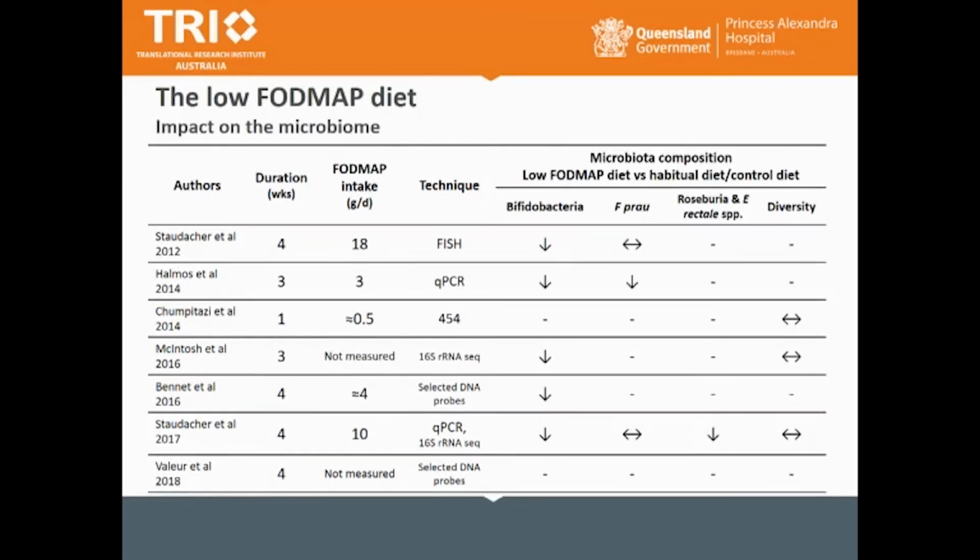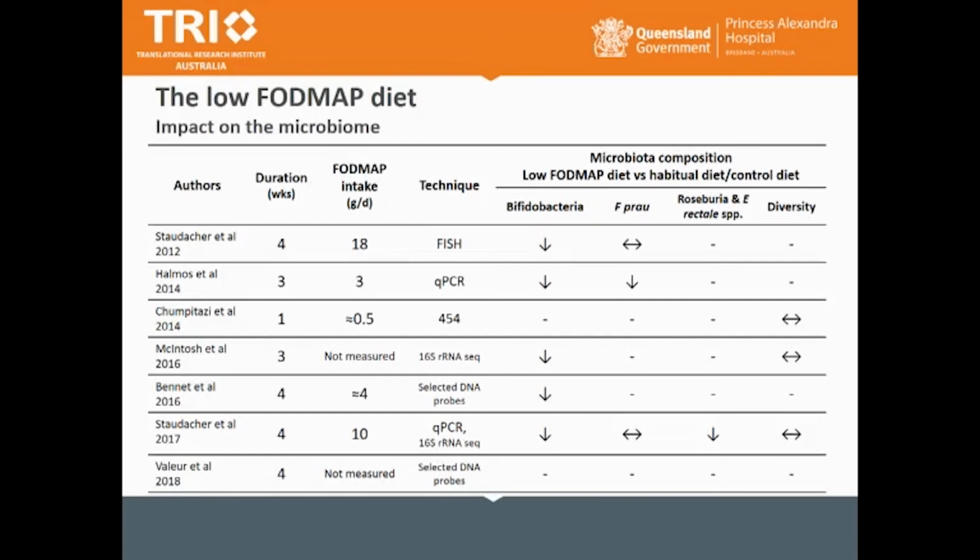I've just collated some of the basic findings from some of these studies. You can see that overall, many of them do measure bifidobacteria and do show a reduced abundance of bifidobacteria after the low FODMAP diet compared with habitual diet or compared with the control diet. The other thing to note here is that 3 of them were able to measure diversity due to the technique they were using, but there was no impact on diversity.